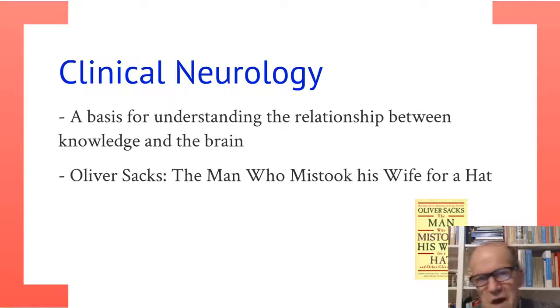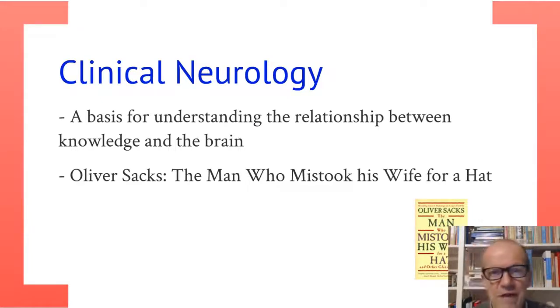That's not part of this introductory course, I think. But it is interesting to relate our knowledge of the human brain to pathology and to problems people encounter when various parts of the brain do not function.